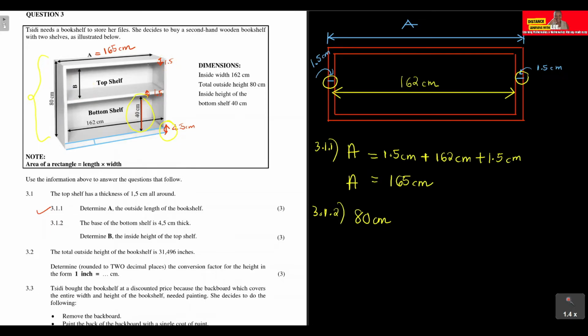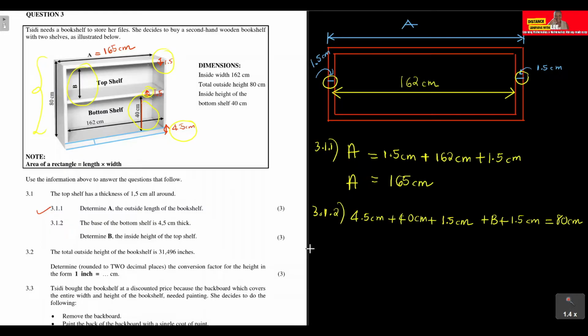That is 4.5 centimeters, plus 40 centimeters inner length, plus 1.5 thickness, plus the inner length B, plus 1.5 centimeters, equal to the total height of the bookshelf, which is 80 centimeters.